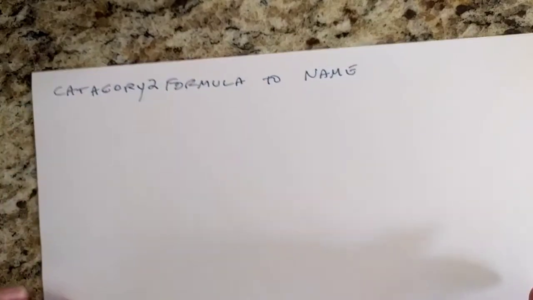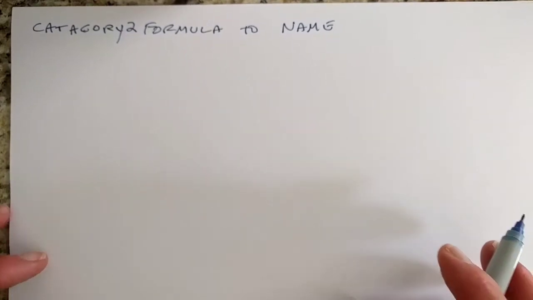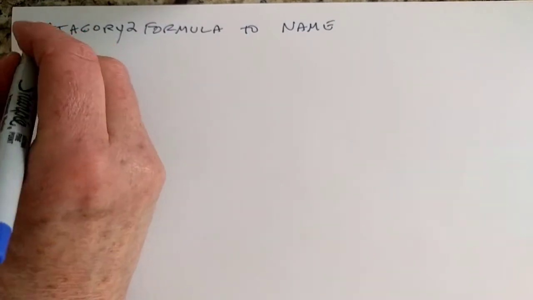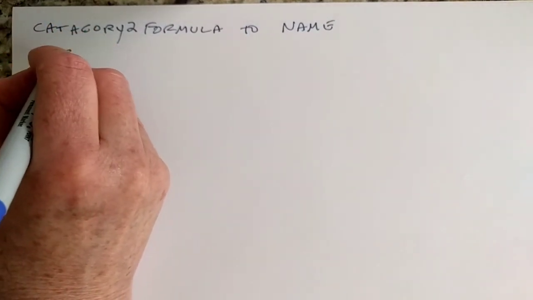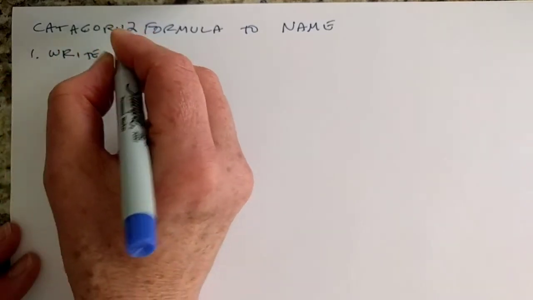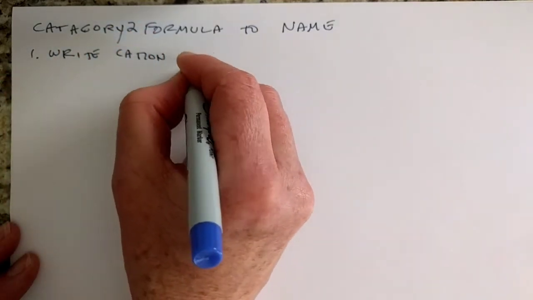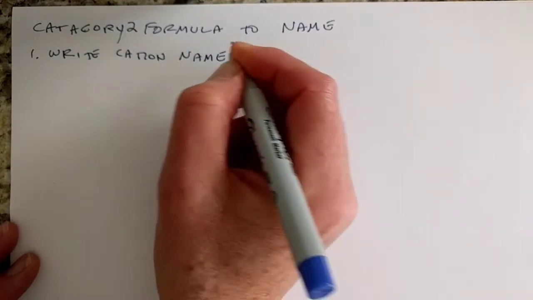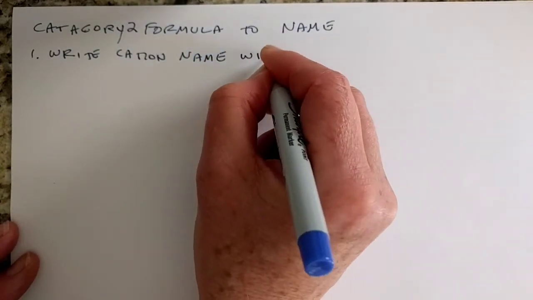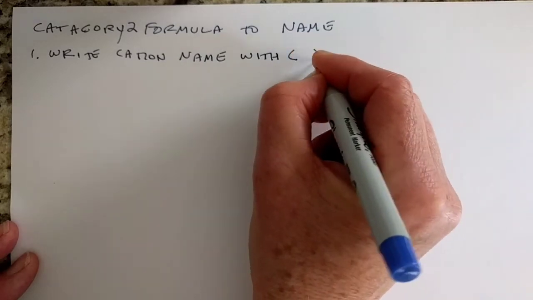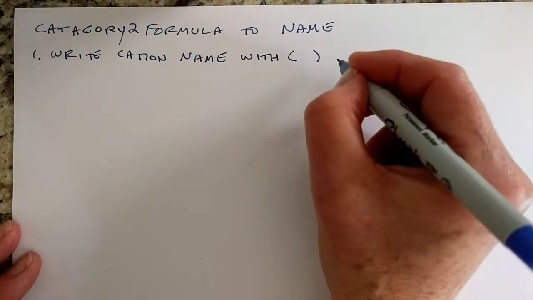All right, so we're just going to have to do a few more steps, and I'll do the example as we do the steps so you can kind of see how this works. For this one, step 1, we're going to write the cation name, and we're going to leave an open parentheses.